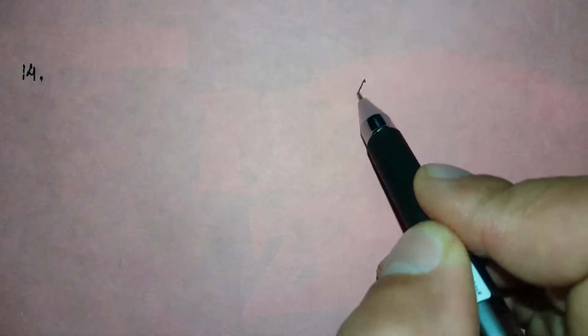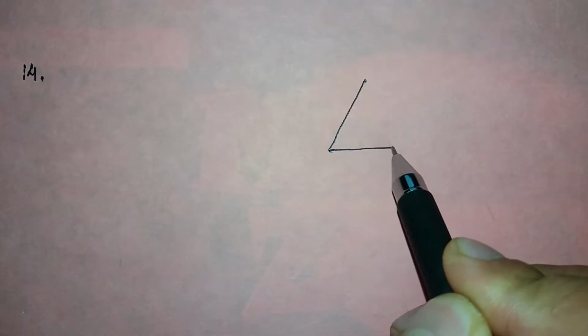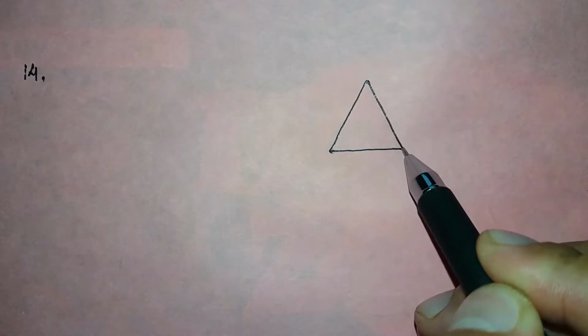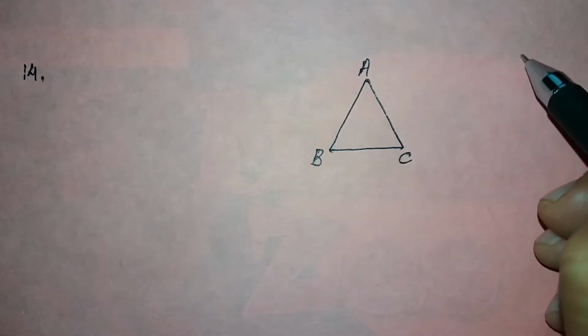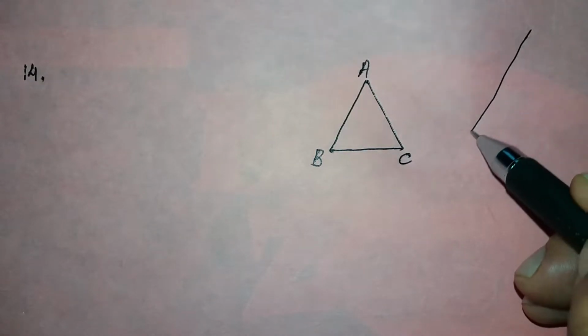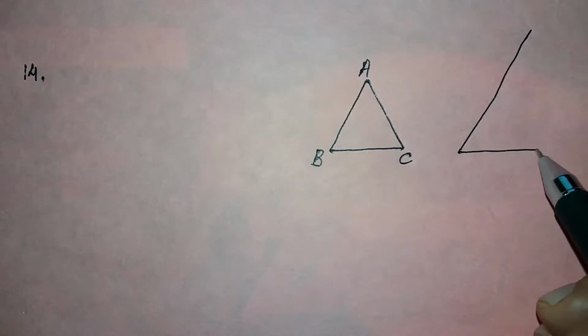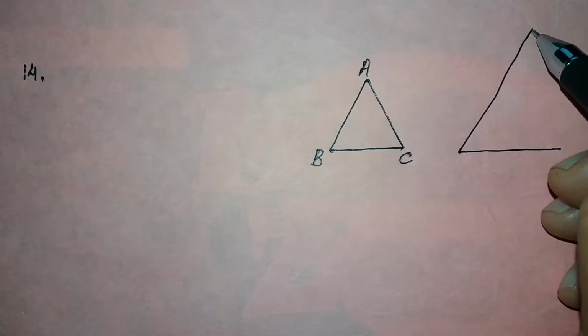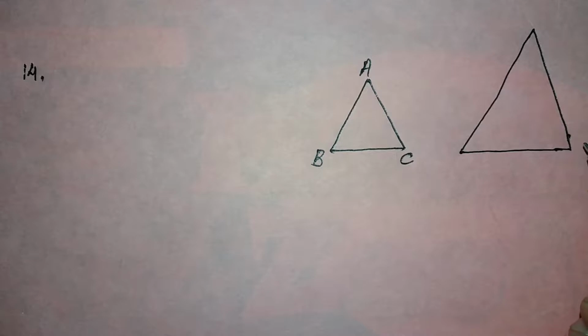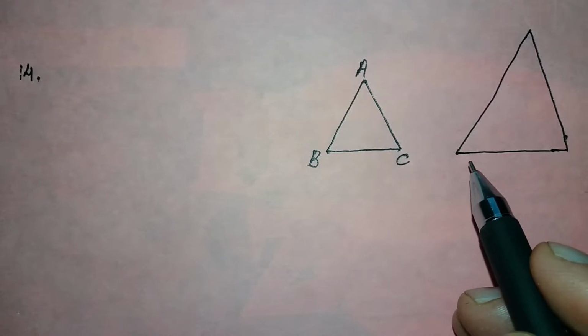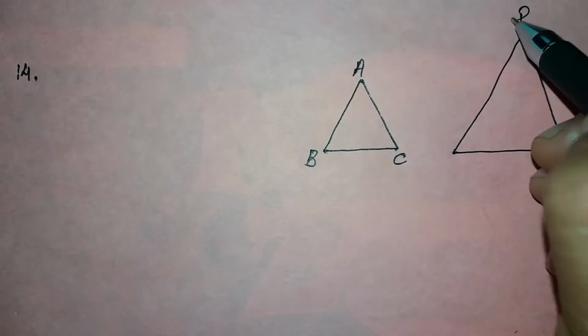Question number 14. Let's call this ABC and another triangle here, and let's call this PQR.